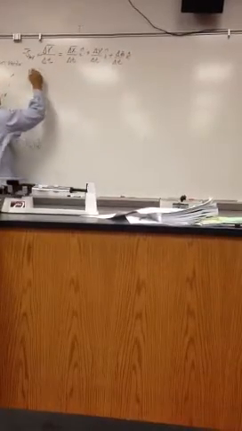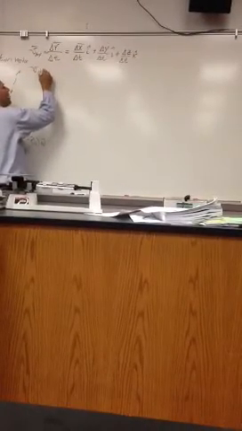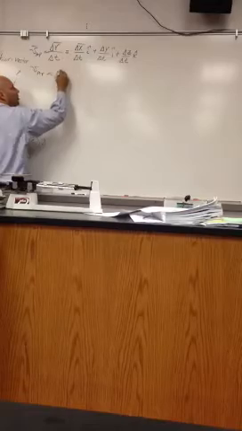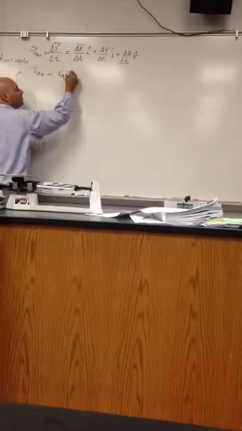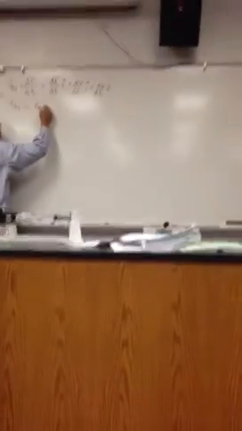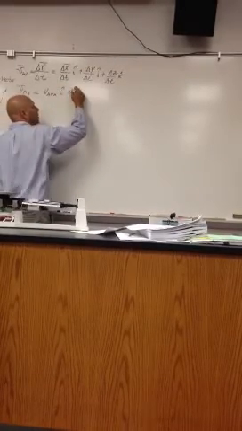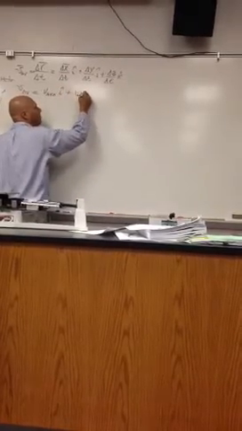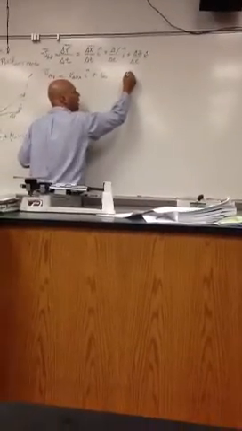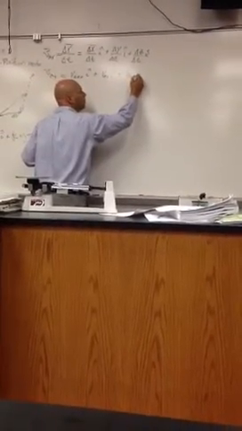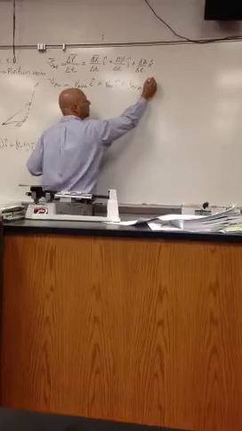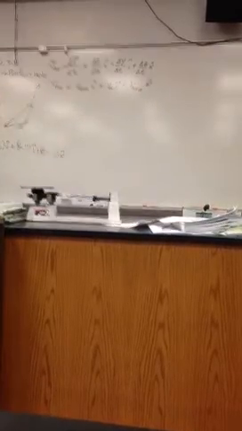So, in other words, v average will be the same as v average along x, i, plus v average along y, j, plus v average along z, k. This is the average velocity.